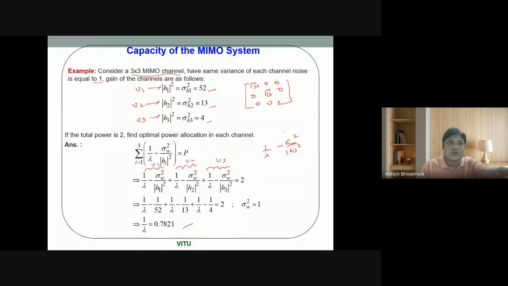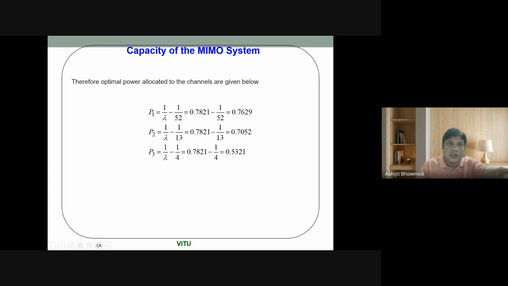Sigma w square, the noise, is already mentioned. Sigma w square equals 1 is already mentioned. So for each equation I can write 1 by lambda minus 1 by H1 square. H1 square is basically 52.